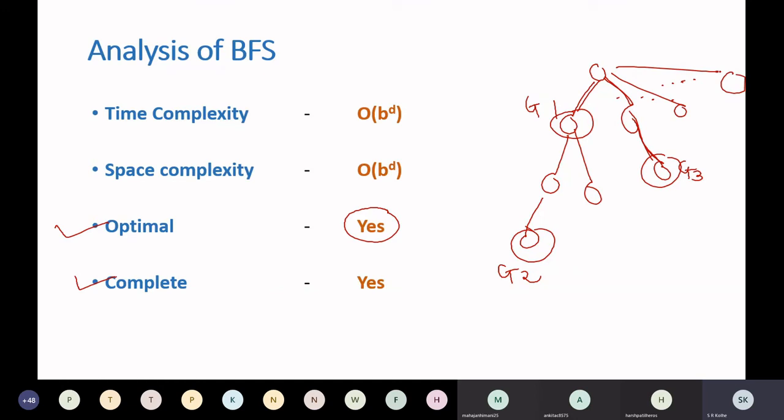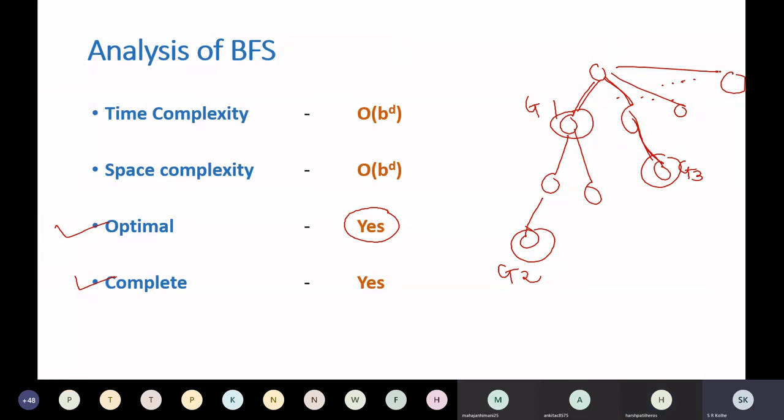But why? Anybody can answer this. Why can the branching factor not be infinite? What is the factor with which the branching factor is related? How many branches will be there?